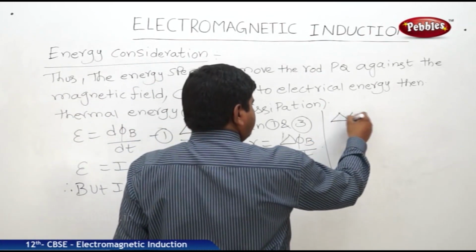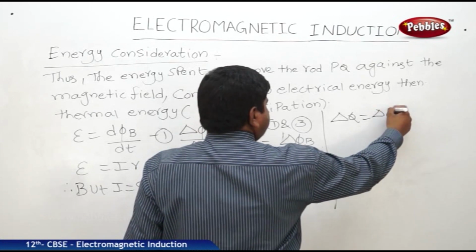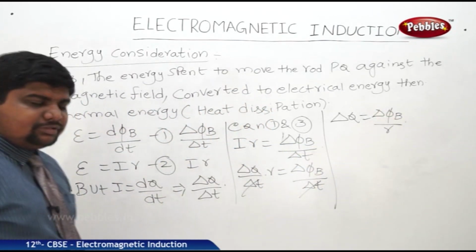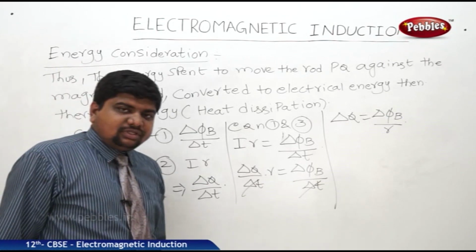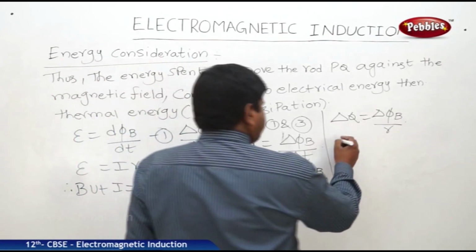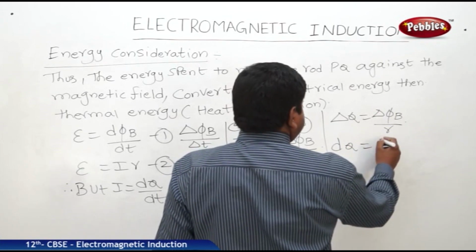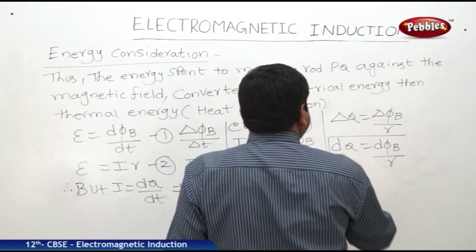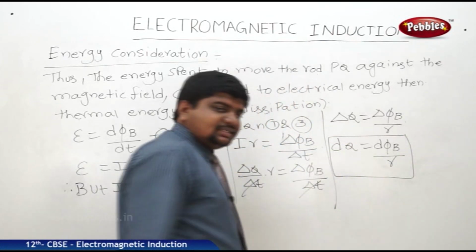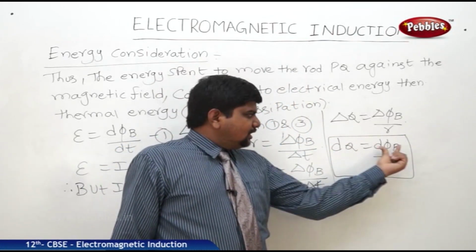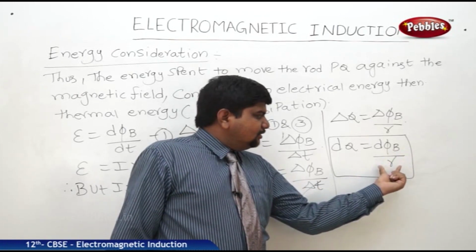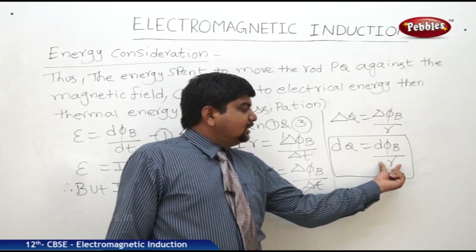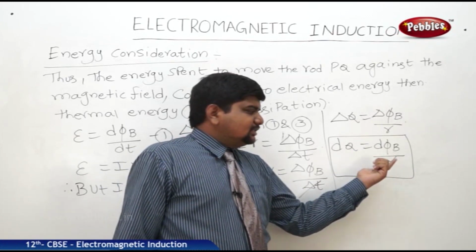Therefore, delta q is equal to delta phi b by R. This is the relationship between charge to the magnetic flux. So we can write dq is equal to d phi b by R. This is an interesting relationship between charge to the magnetic flux with respect to the density. That means charge is inversely proportional to the distance between the conductors.